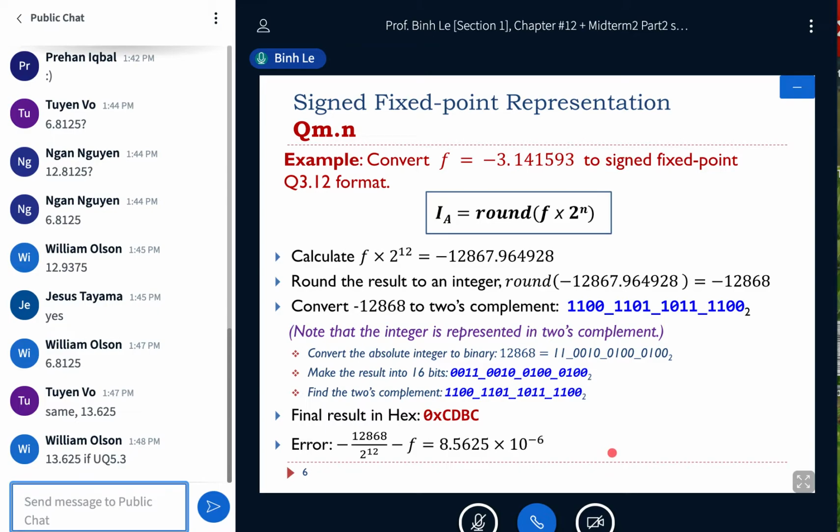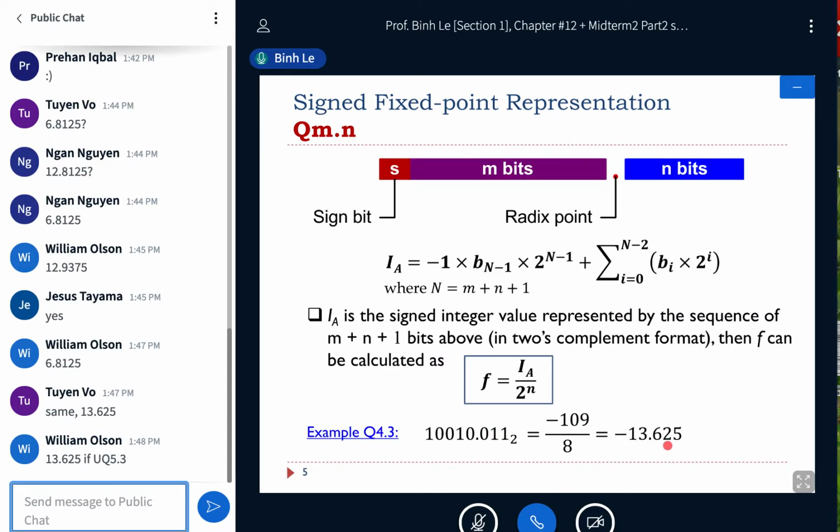Okay. So now, as usual, I will ask you to convert from the real number to the fixed point binary representation, in the reverse direction, to see if you can do that. So the same thing. If I ask you to represent the real number minus 3.14 something in this format, what will be the number?